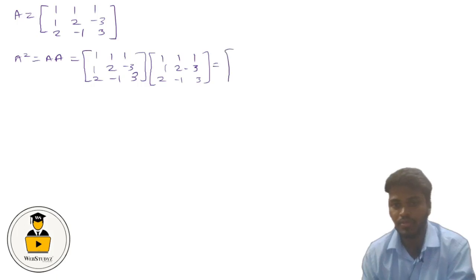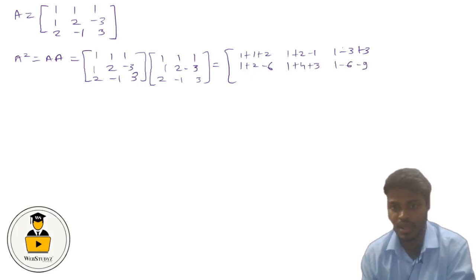If we do the multiplication, the first row will be 1 plus 1 plus 2, then 1 plus 2 minus 1, then 1 minus 3 plus 3. The second row: 1 plus 2 minus 6, then 1 plus 4 plus 3, then 1 minus 6 minus 9.